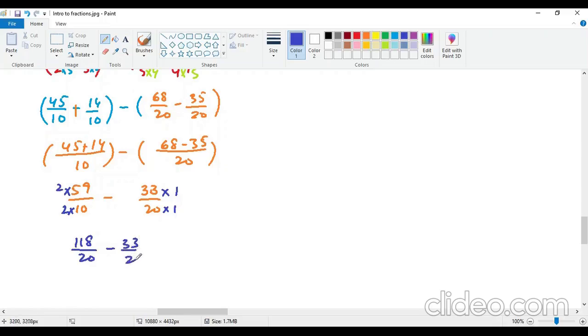Since the denominators are the same, we write 118 minus 33 gives us 85 over 20, and what we notice is that both the numbers can be divided by 5, so we make the numbers smaller. 85 divided by 5 is going to give us 17 over 4, and 4 times 4 is 16 and 1 is a remainder. This is going to be your answer, and that's all for now.